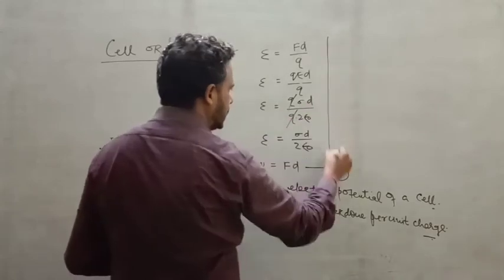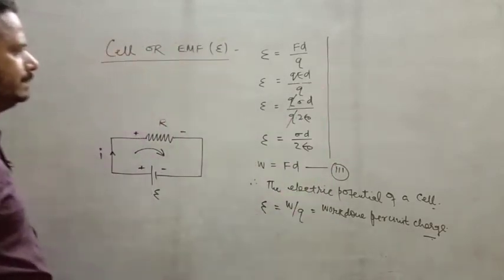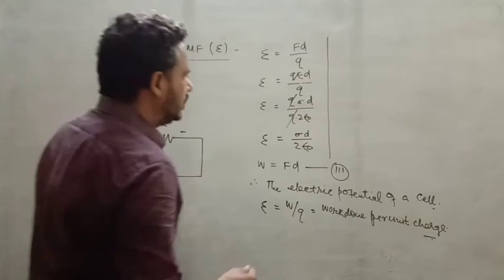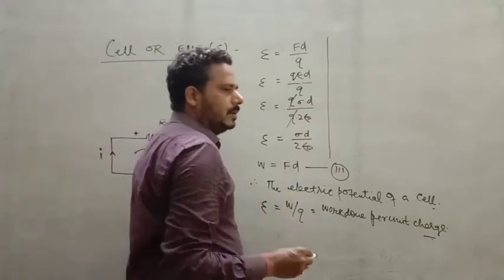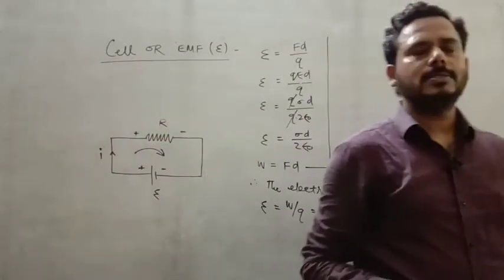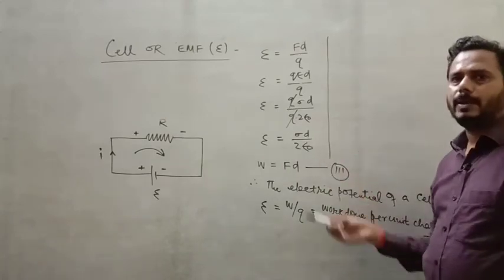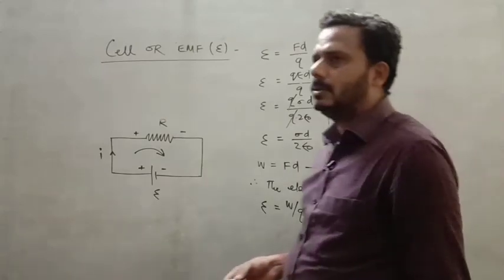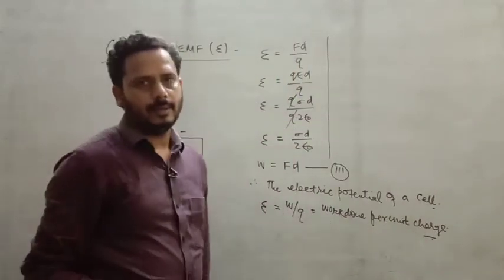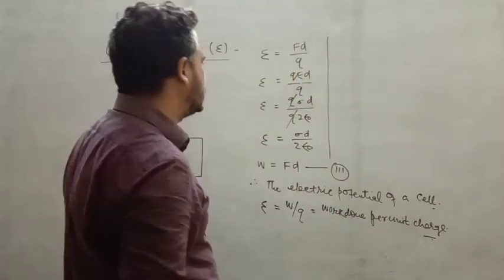Alright, also you can put the value of sigma. So sigma is what? This is the surface charge density, that is charge per unit area. So the area you have taken A, the area of the plates of the cell.